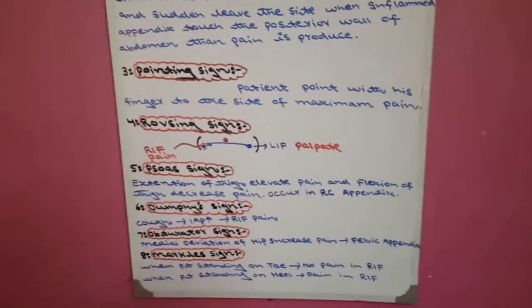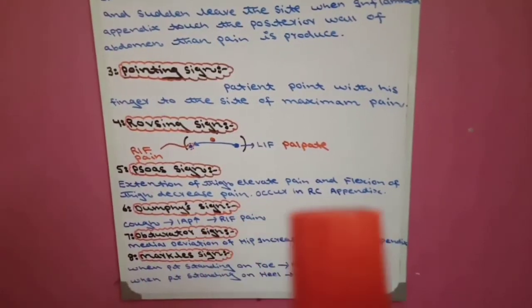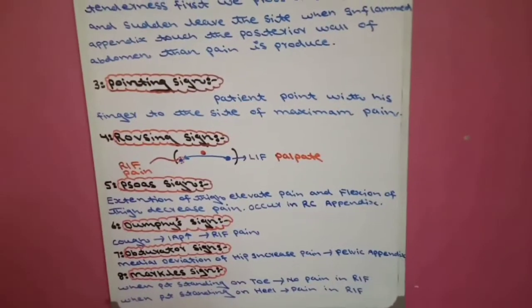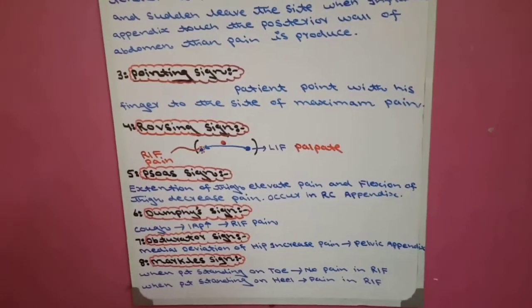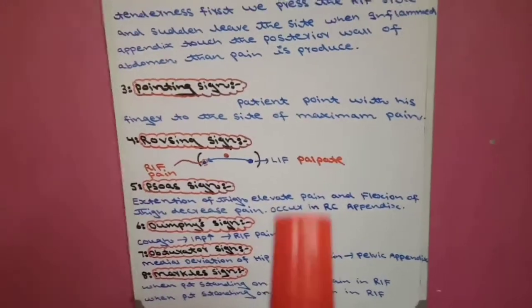The fifth is psoas sign. What is psoas sign? Extension of the thigh elevates pain and flexion of the thigh decreases pain, occurring in a retrocecal appendix. Meaning in a retrocecal appendix, when the patient extends the thigh, the pain will increase.